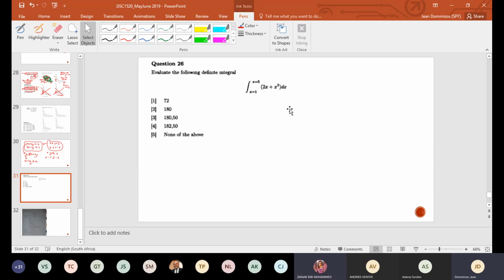Yeah, it's straightforward. So, okay, if I do the integral, it will be 2x squared over 2, which is just x squared, and then plus x to the power 4 divided by 4.